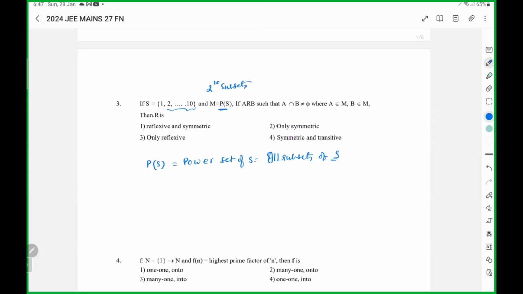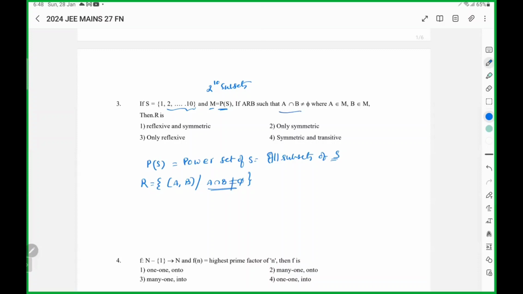All these are elements of this set M. So here how the relation is defined: set of all ordered pairs such that A intersection B is not empty. That means if this condition is satisfied, then this ordered pair will be there in the relation.